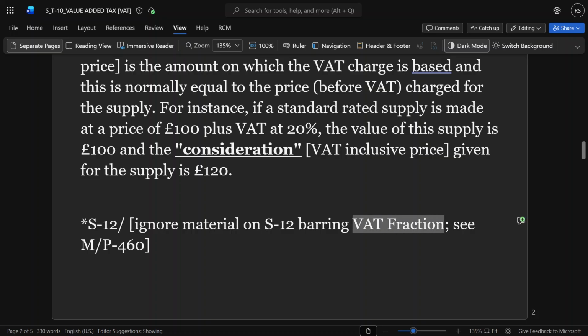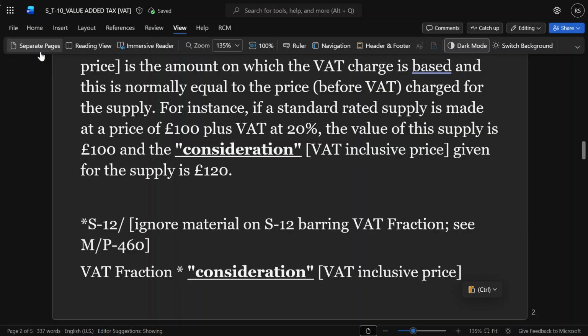We define it like this: VAT fraction times the consideration, or the VAT inclusive price.